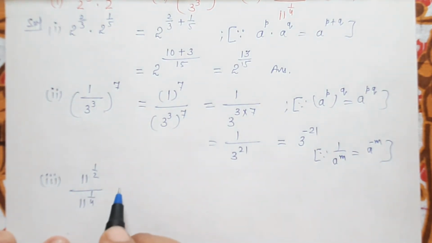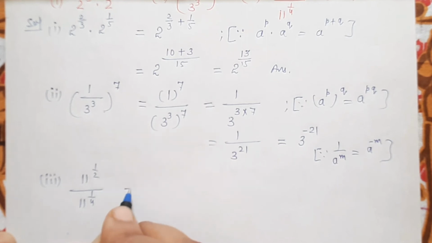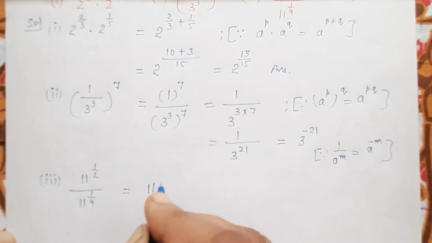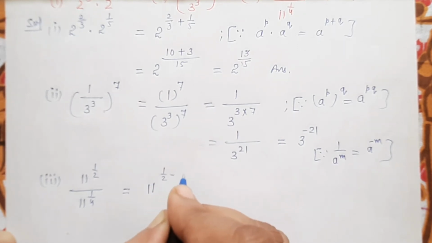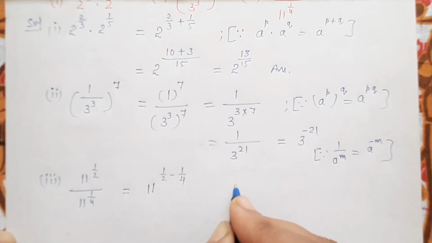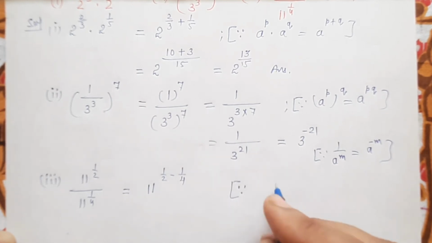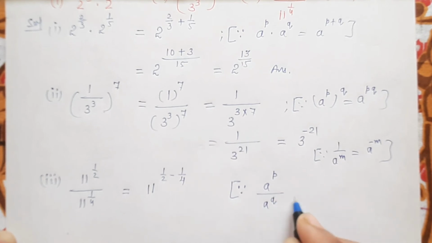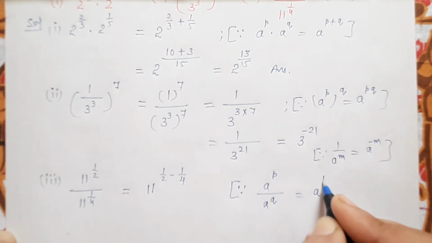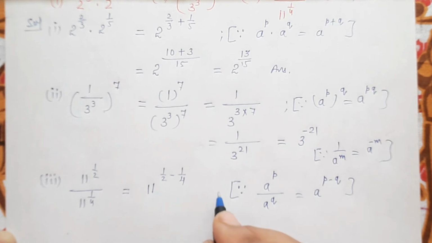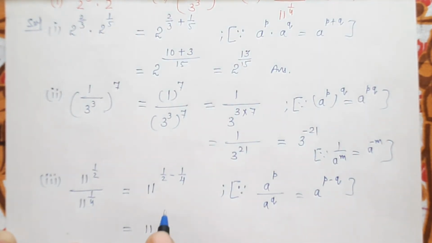Here division is there, so bases are the same and we divide, so we'll subtract the powers. 11 raised to power 1 by 2 minus 1 by 4, since a raised to power p upon a raised to power q is equal to a raised to power p minus q, by using the law of exponents.